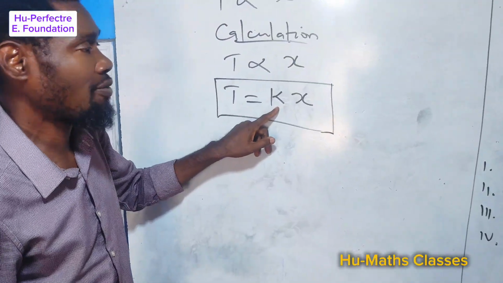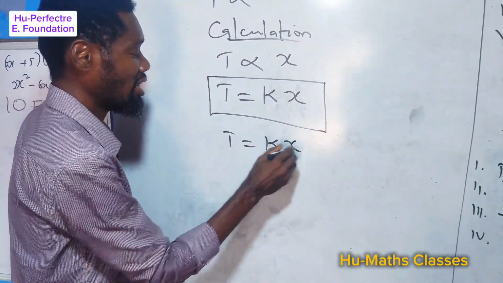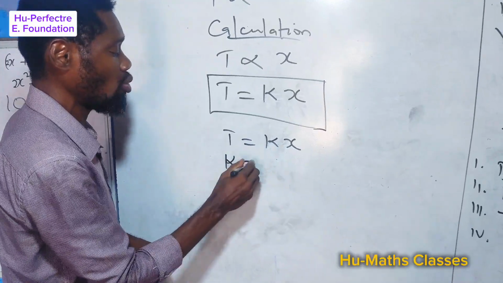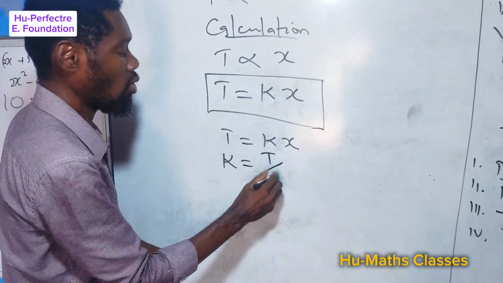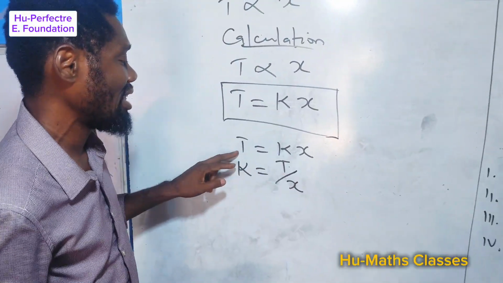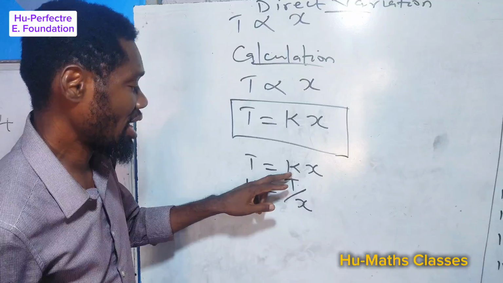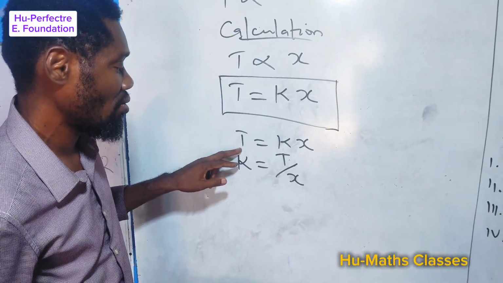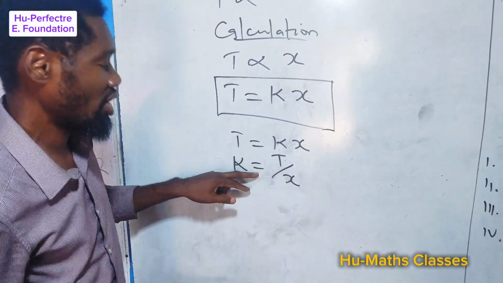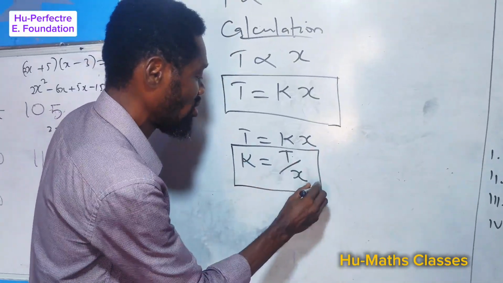We can find our k from here. If t = kx, then k alone will be equal to t over x. Of course, if x leaves to the other side, it becomes a division. So k = t/x.